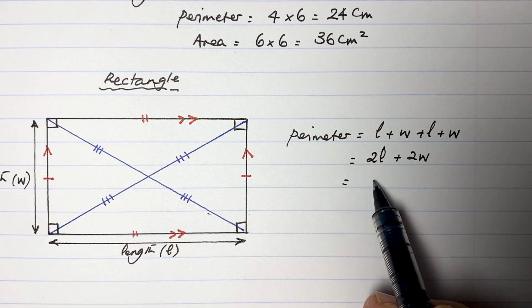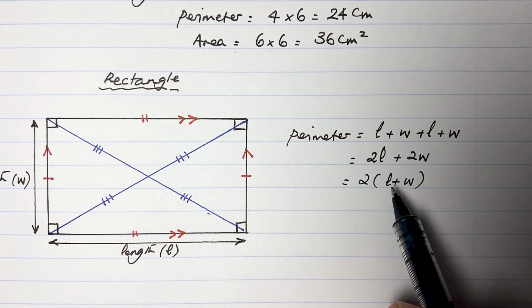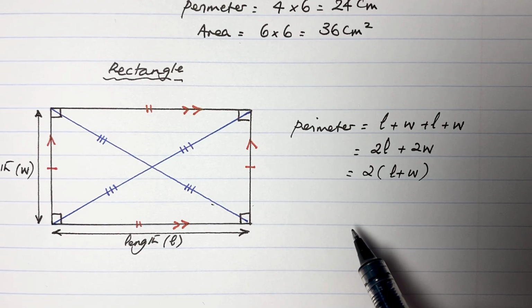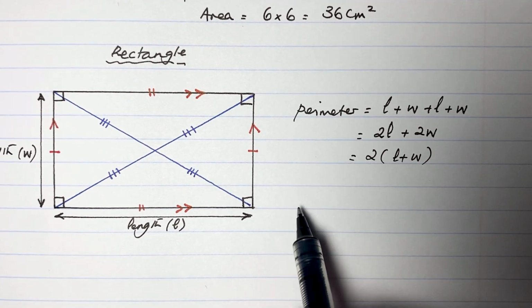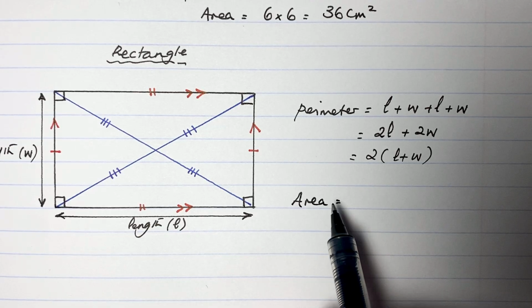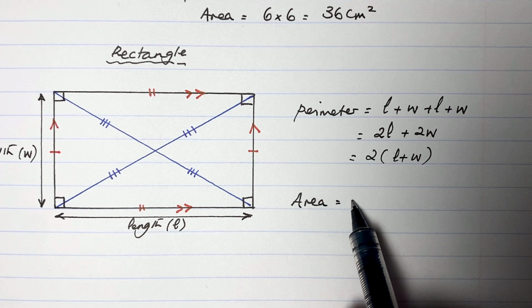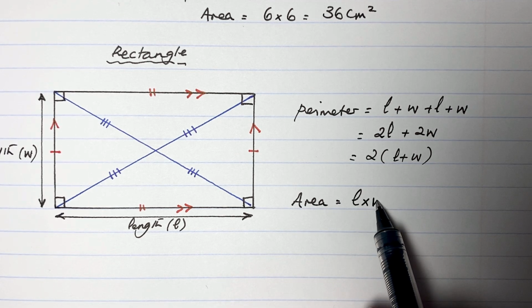Or you could say 2 lots of length plus width added together. Area would be length multiplied by the width. Length times width.